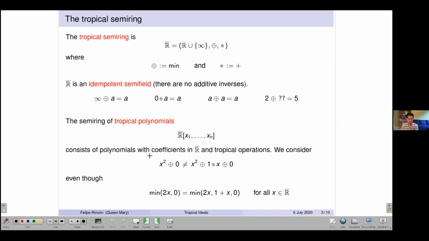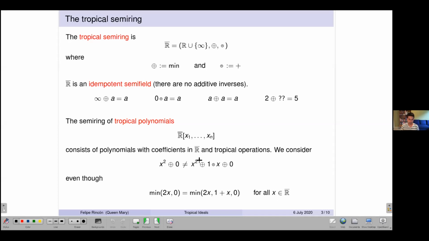For example, x squared plus 0 is a tropical polynomial, and x squared you should interpret as x tropically times x, plus is tropical plus. Having the 0 term matters because remember 0 is not the additive identity, it's the multiplicative identity. So x squared plus 0 is different from x squared.